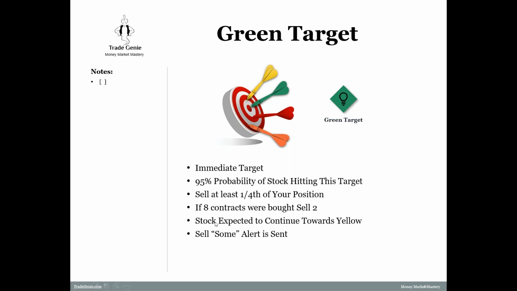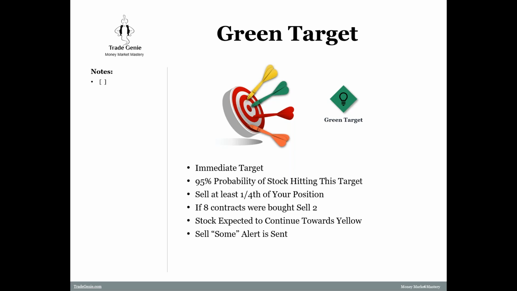So the characteristic of green target is this is the immediate target. So the likelihood of hitting it is high. It's like 95% probability of the stock hitting this target because it's not that far. It's 3 to 4% from the stock point of view. So any 3 to 5% move in the stock, if it moves within 2 to 3 days, gives you 30 to 40 to 50% gain.